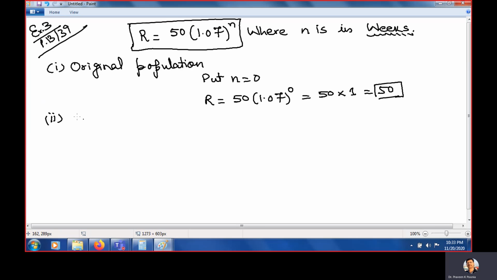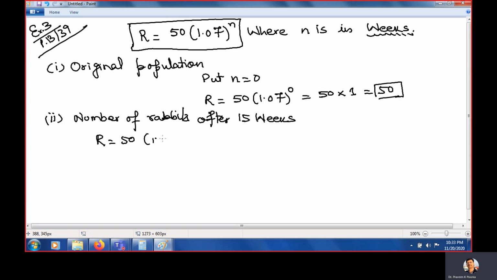Okay. Question number 2 is the number of rabbits after 15 weeks. So he is talking about 15. So 50 times 1.07 to the power 15, because n is 15 here.